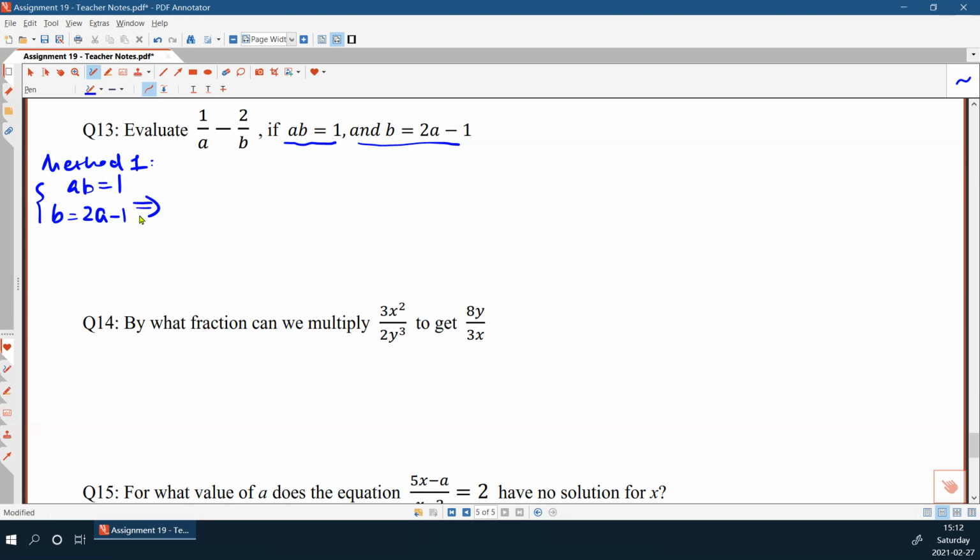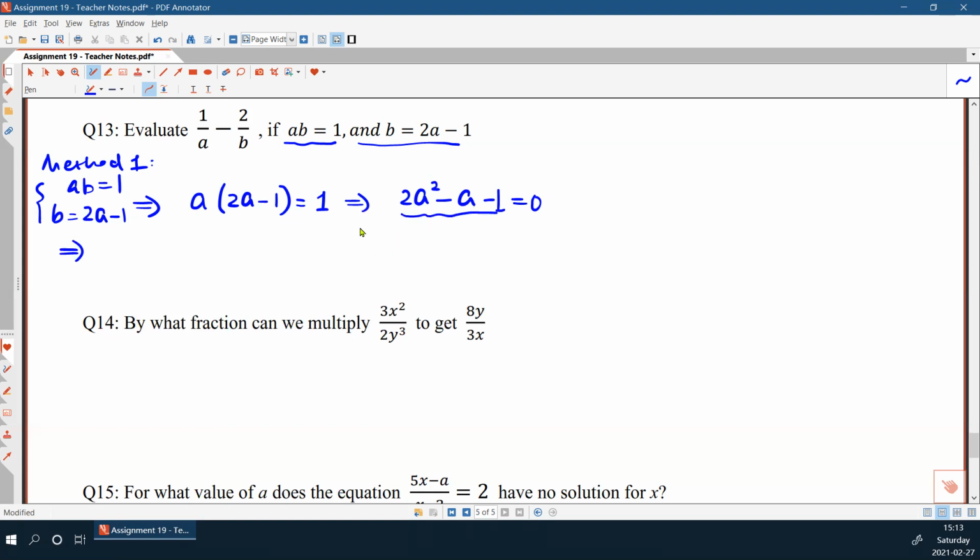So we put it into the first expression. This will give you A times (2A minus 1) equals 1, and this is actually 2A squared minus A minus 1 equals 0. And this tells you that you can factor this expression.